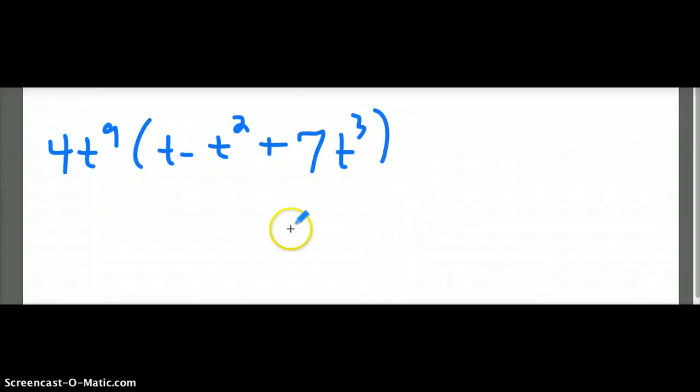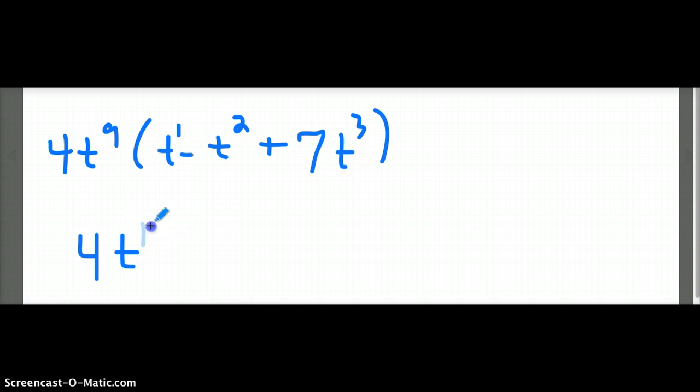Perfect. Alright, so the way we do this is we multiply the numbers first, and here we just think of this as a 1 in front of the t. So we have 4t, and when we're multiplying with the same base, we're adding the exponents, so it's 9 plus the 1 that is implied here.